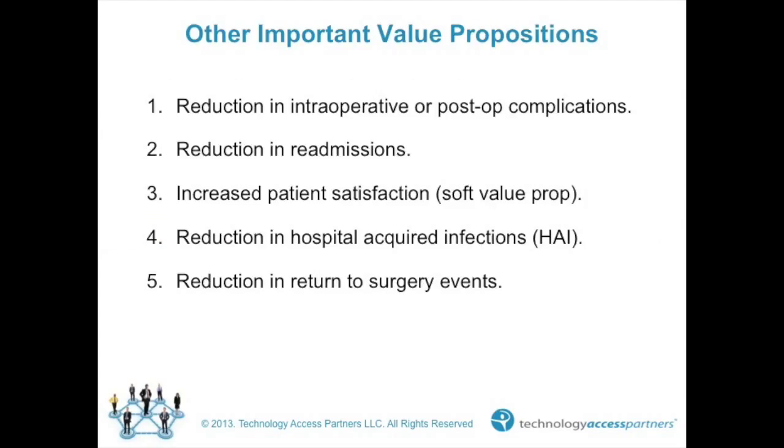So other important value propositions could be things like reduction in intraoperative or post-op complications. And those are things that will drive up the variable direct cost for a particular patient. So it may or may not actually extend the length of stay, but it may keep that patient in that ICU bed longer. It might make them use additional disposables.